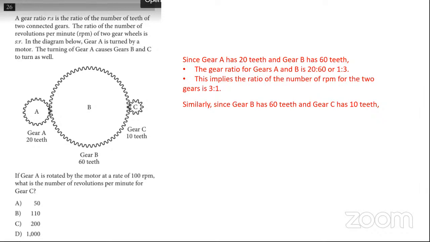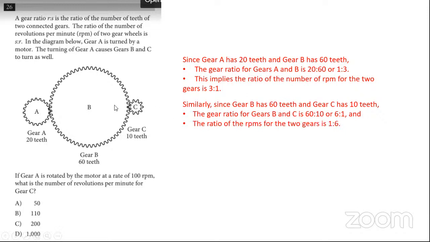Okay, now moving on. Gear B has 60 teeth and gear C has 10 teeth. Therefore, the gear ratio for B and C is 60 is to 10, which is basically 6 is to 1. And since the RPM ratio is just the inverse, it will be 1 is to 6. So what does that say? It says that if gear B is rotated by say 100 RPM, then gear C will be rotated at 600 RPM.